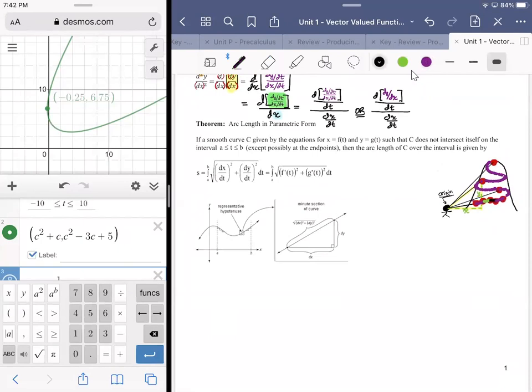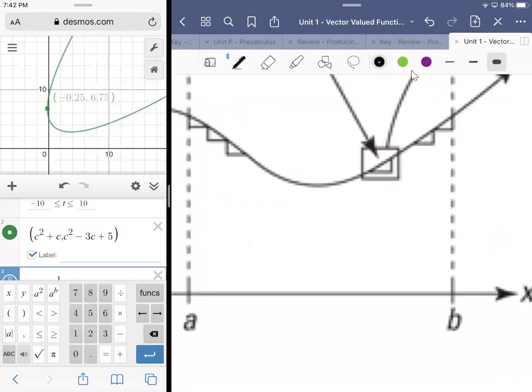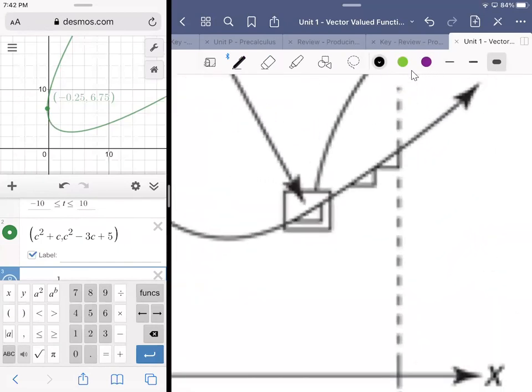All right. So when we talk about arc length, we're talking about a little tiny smidge of a segment that exists on an interval. And instead of saying, what's the length of this whole curve? Let's find the length of a little tiny smidge of the curve.